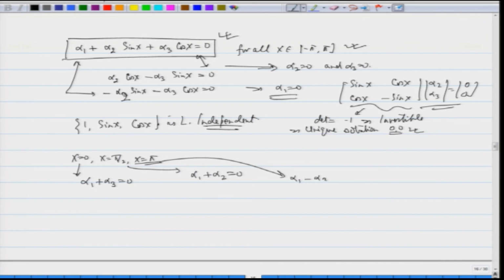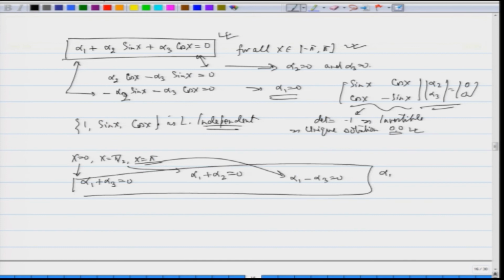So, minus alpha 3 is 0. So, I can solve this equation and prove that alpha 1 is equal to alpha 2 is equal to alpha 3, 0 is the only solution. Fine. So, you can proceed in whatever way you want and try to prove things like that.